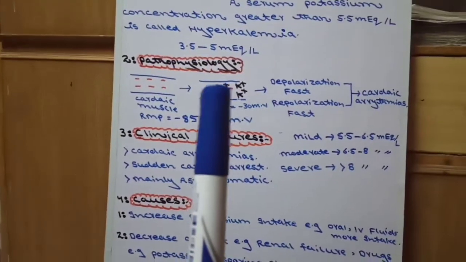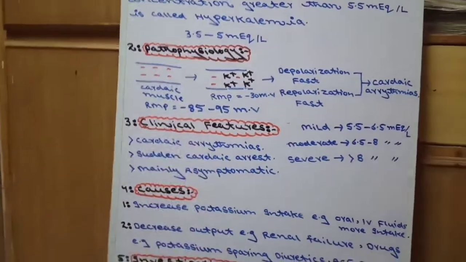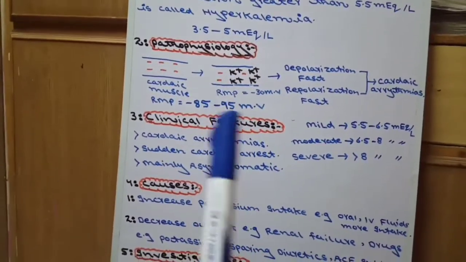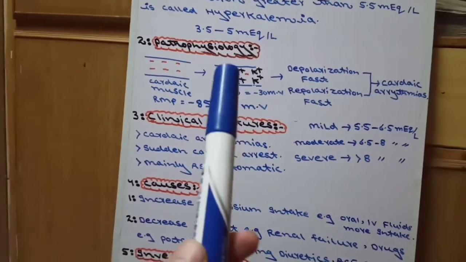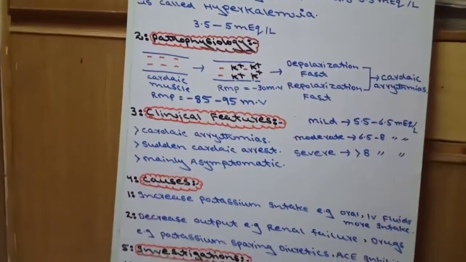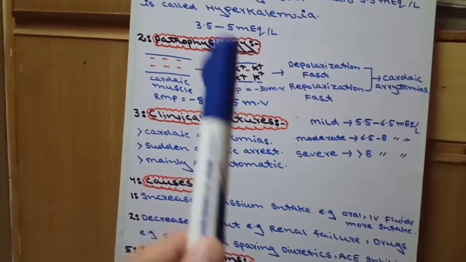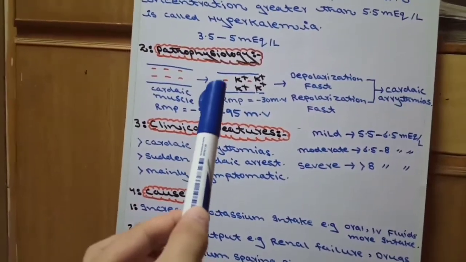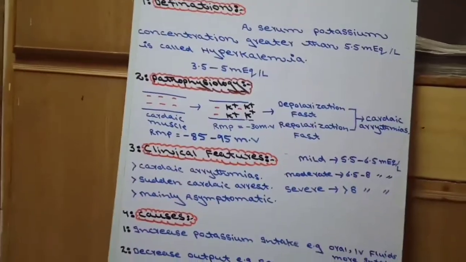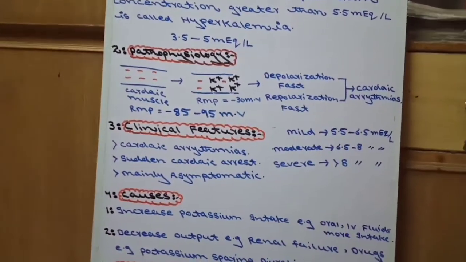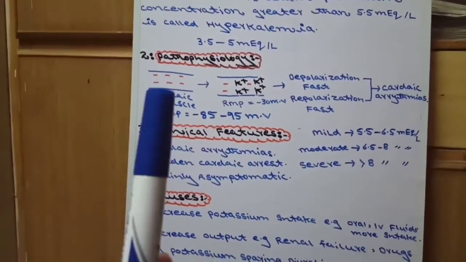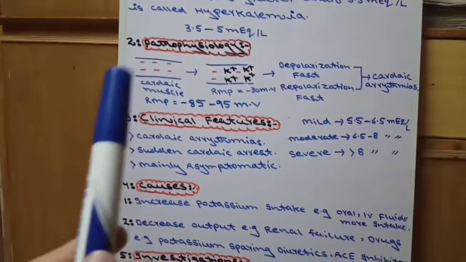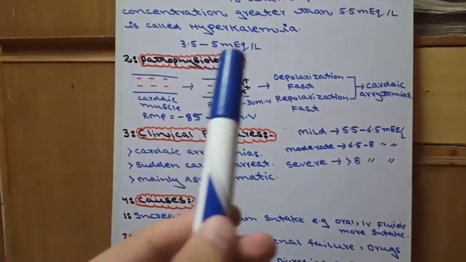But here the negativity is less, because due to more potassium accumulation inside, positivity is already present. So less sodium is required to move from outside to inside to cause depolarization. It means depolarization becomes fast and easy.